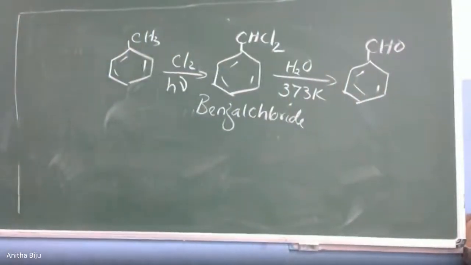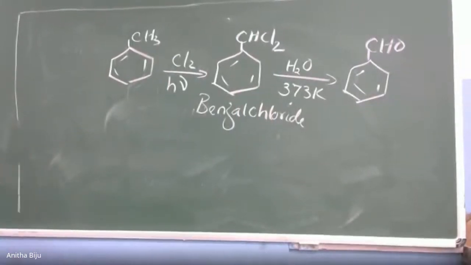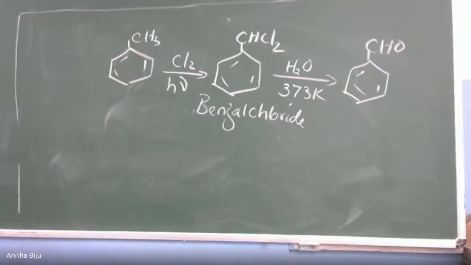It is a two-step process. First step is substitution of chlorine. Second step is hydrolysis at a high temperature of about 373 Kelvin. Okay, so this reaction is very important. Why is it important? Because this is the commercial method of preparation of benzaldehyde.